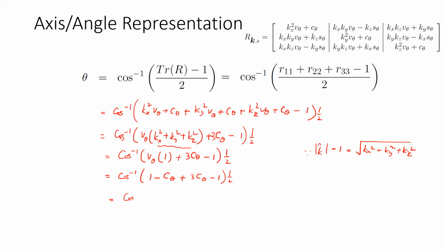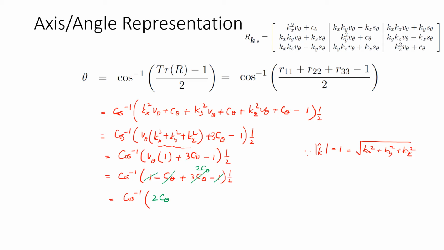Obviously that can be further simplified. So this 1 can be cancelled with this minus 1, and then you have 1 cos of theta with a minus sign taken away from this 3 cos of theta. So this is going to be 2 cos of theta.